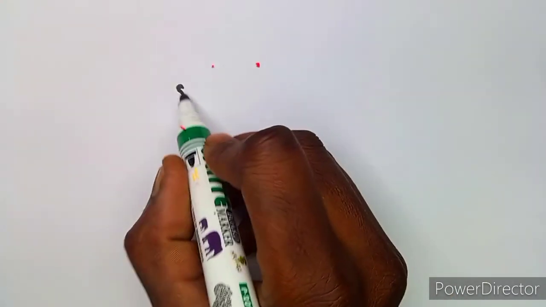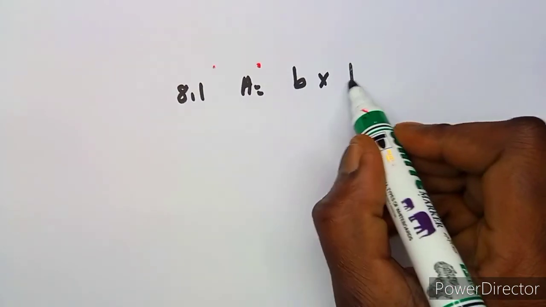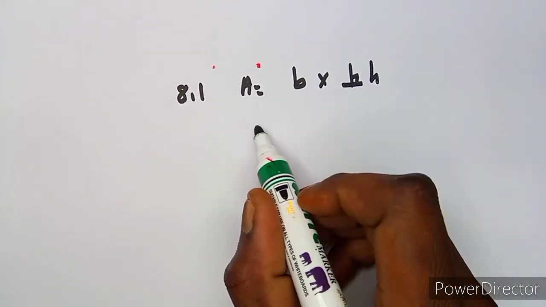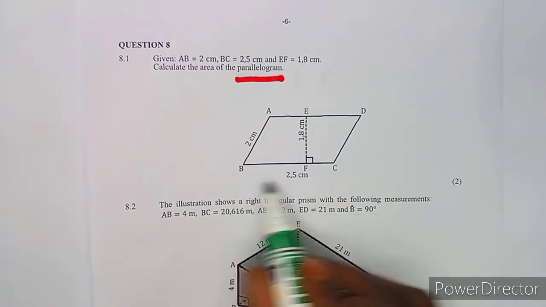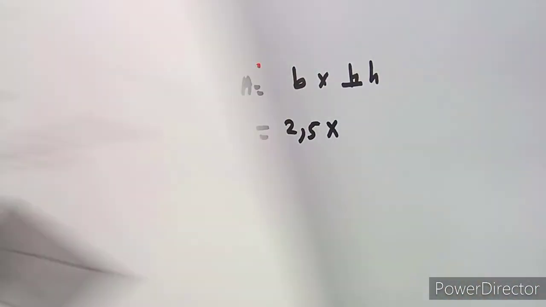So 8.1, area is base times the perpendicular height, where the base is 2,5 times the perpendicular height, which is 1,8.